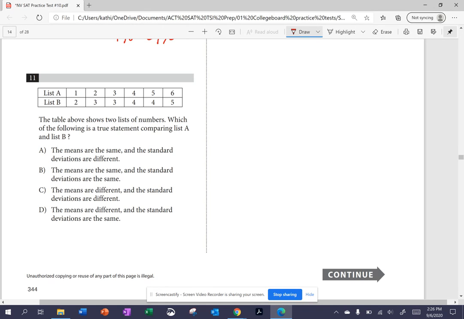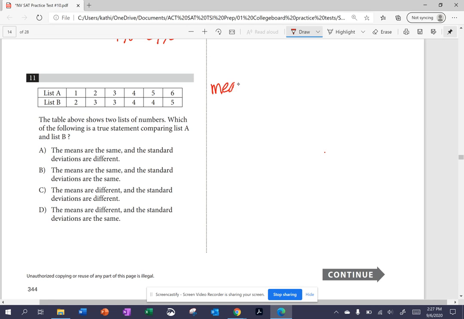The table above shows 2 lists of numbers. Which of the following is a true statement comparing list A and list B? So this is another statistics question. So this is talking about mean and standard deviation.